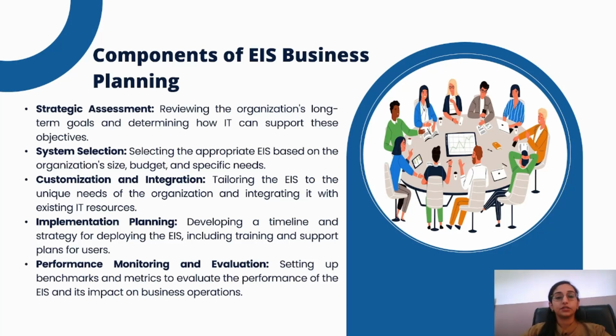These processes ensure that the EIS not only meets initial performance expectations but also continues to align with the organization's evolving needs and objectives. Effective M&E helps in making informed, evidence based decisions that can significantly enhance the operational efficiency and strategic output of the organization.